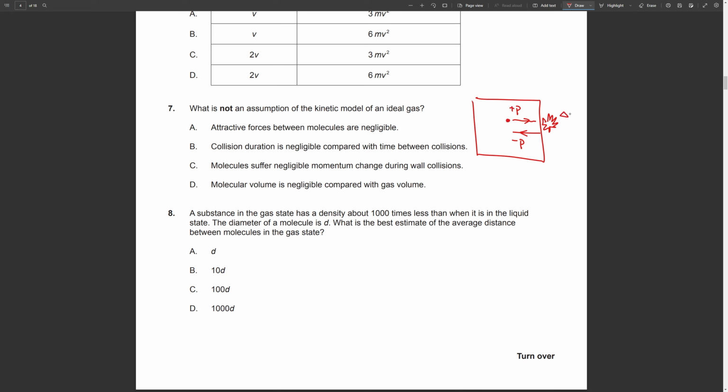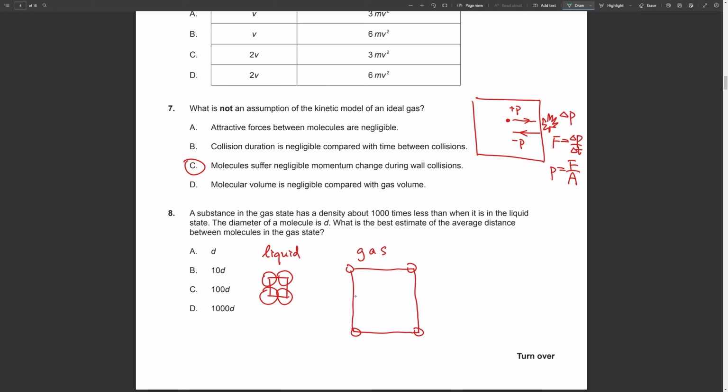Obviously, there is a change in momentum here. Because of the change in momentum, there is a force. And because the force is exerted on the wall, there is a pressure. This is the gas pressure. In other words, the change in momentum is not negligible, so as to obtain the pressure acting onto the wall, and therefore C is the answer.